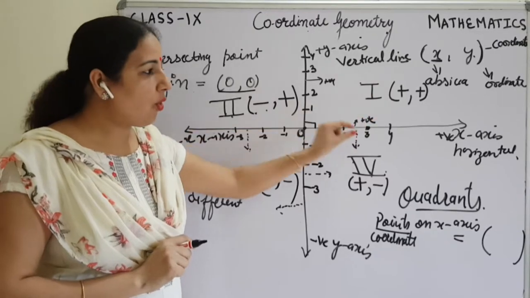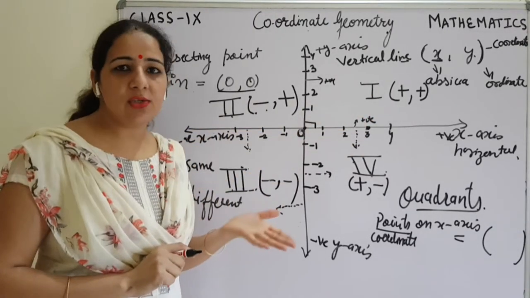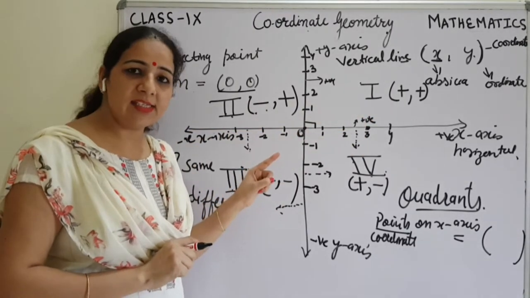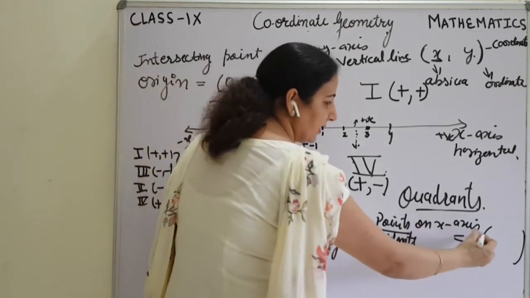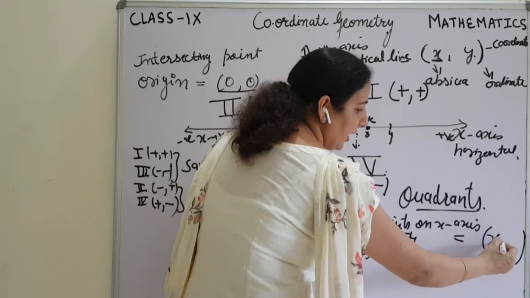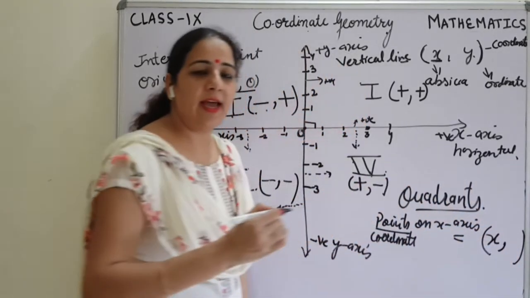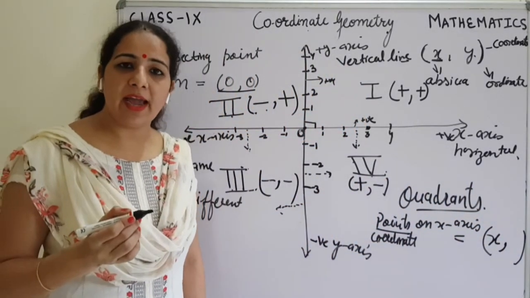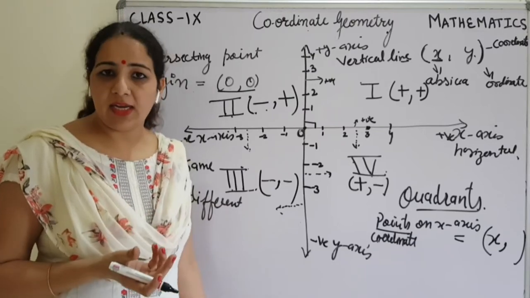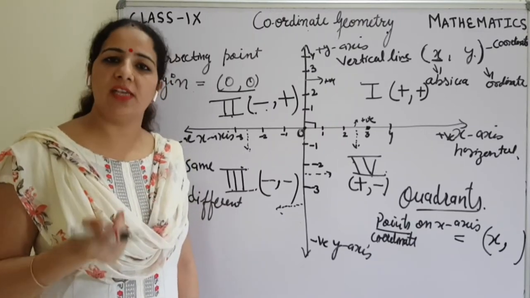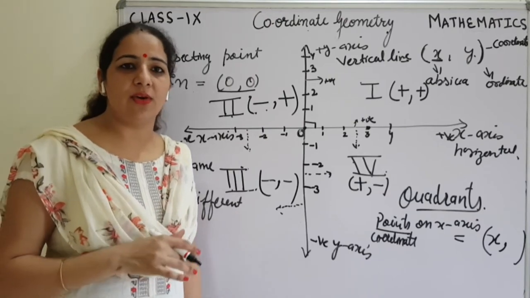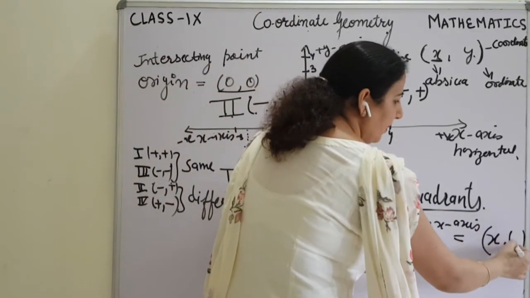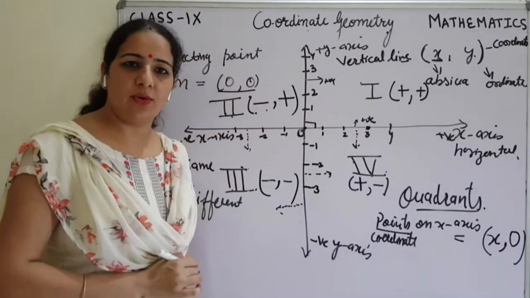Clear? So on the x-axis, y is not there. On the y-axis, x is not there. So for coordinates on the x-axis, only x is there, and y is not there. Y is not there means y is 0. In maths, if we do not have anything, it means we have 0. So the point will be (x, 0).